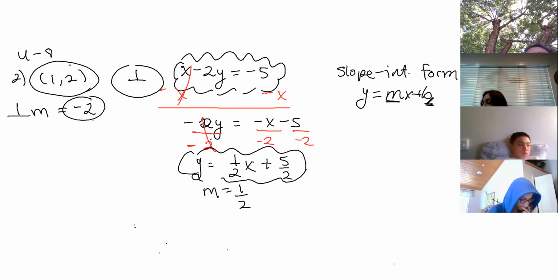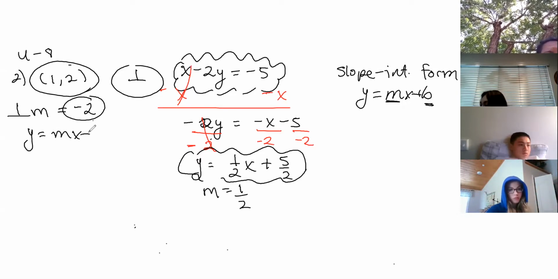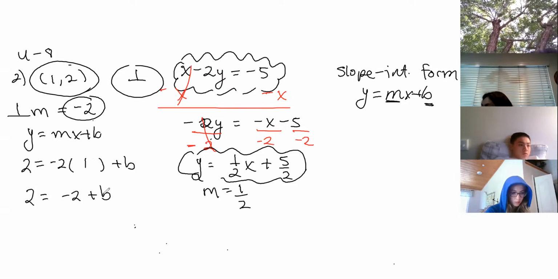Do you guys remember how I used that to find b? What do I plug in? What would I put in for y? 2. So 2 equals m, which is -2, and what would I plug in for x? 1. So 2 equals -2 plus b.